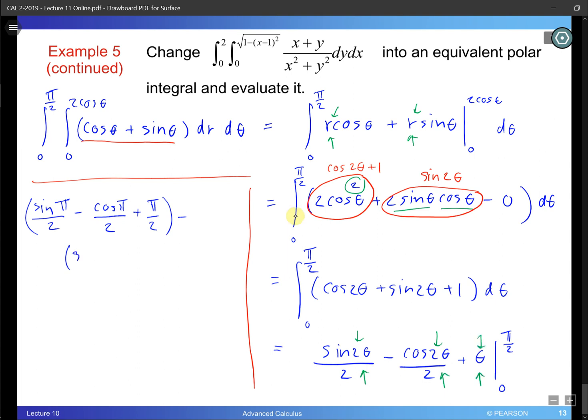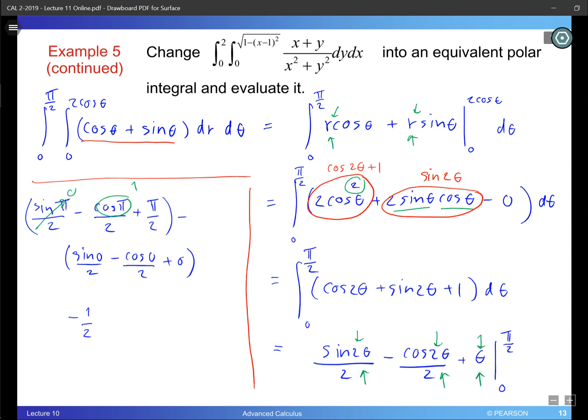This becomes sine 0 over 2 minus cosine 0 over 2 plus 0. Let's evaluate these terms. Sine pi, that's 0. Cosine pi, this is minus 1, so this is equal to plus 1 over 2, plus pi over 2 right here.